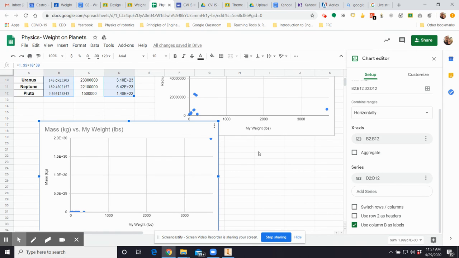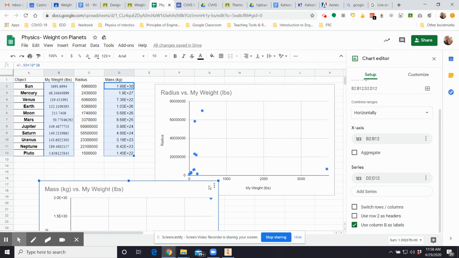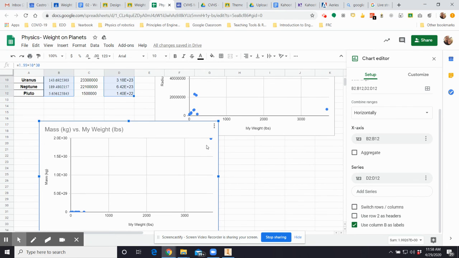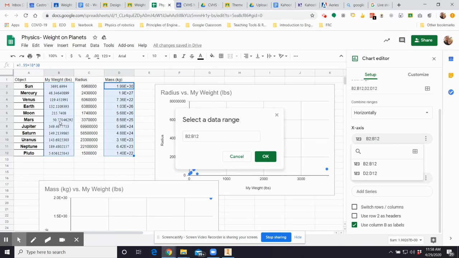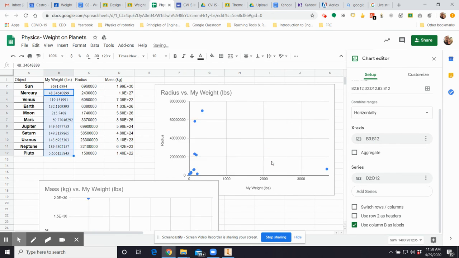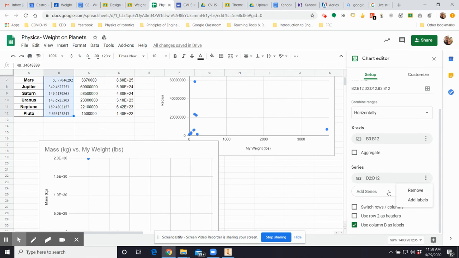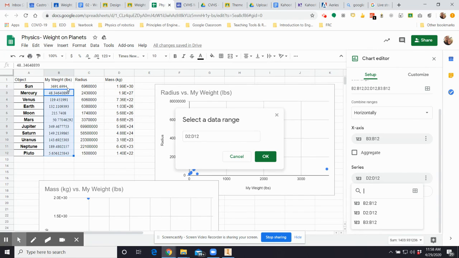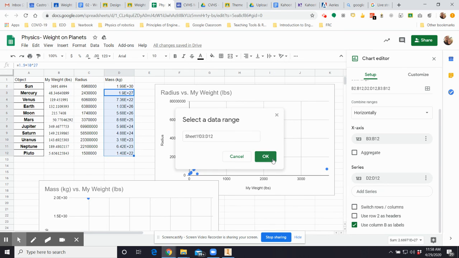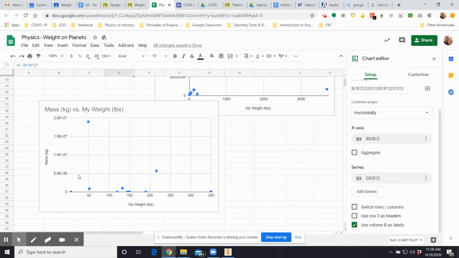So most of them, like we see here, there's one value that's kind of more farther out there, like the sun is way larger in mass, so maybe instead we could graph just the ones that are closer, so we can kind of see a trend or anything.